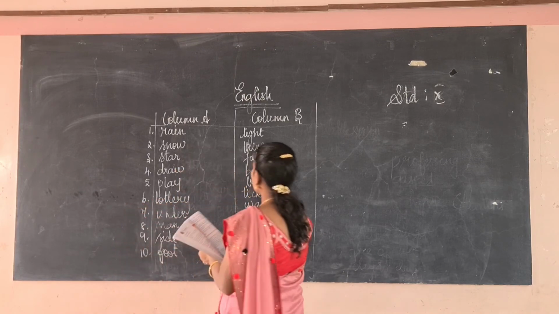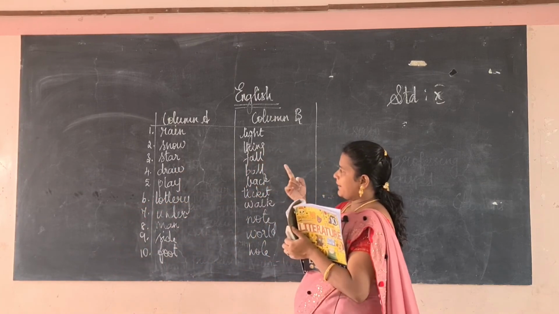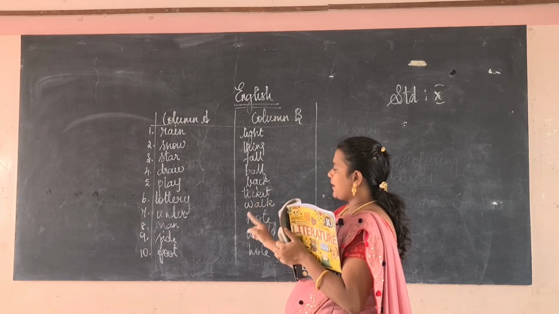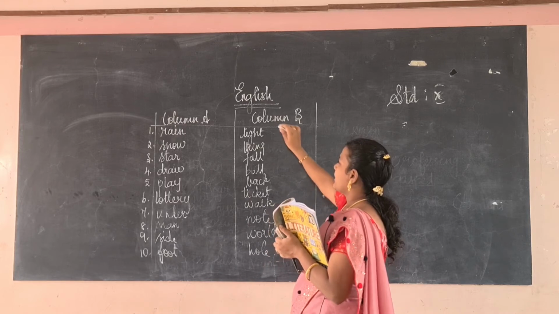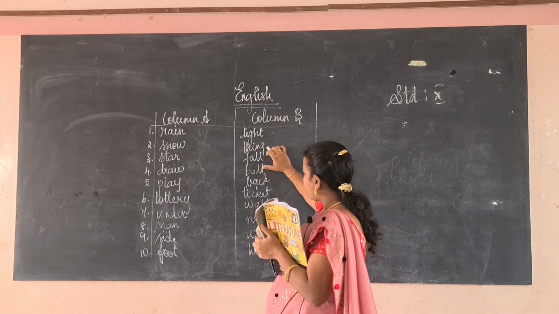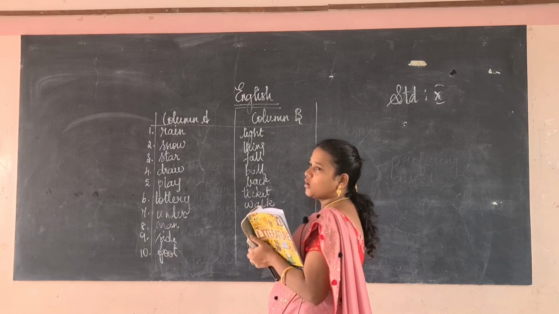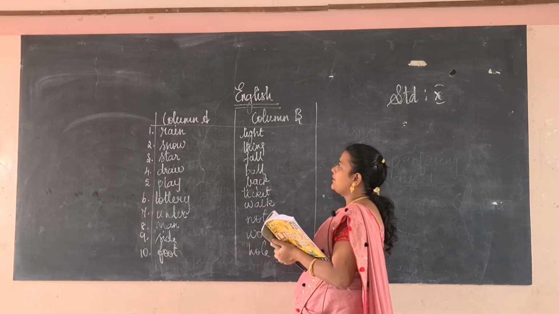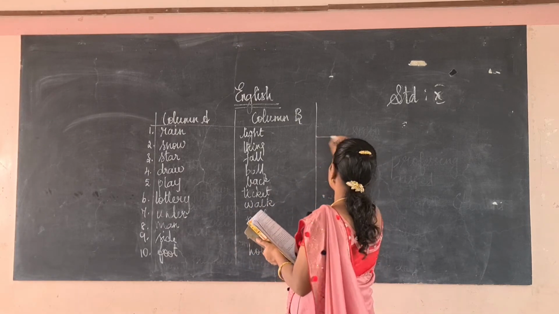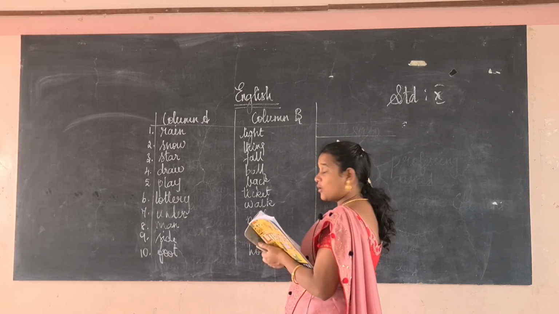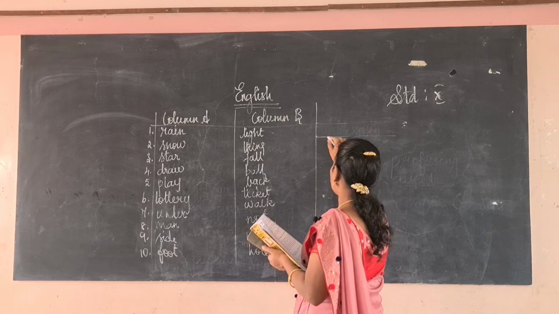Snow, rain, snow, star, draw, play, lottery, under, man, side, foot. Here light, think, fall, ball, back, ticket, walk, note, world, whole. So, we have to match and find the correct compound word. So, the first one rain, rainfall.